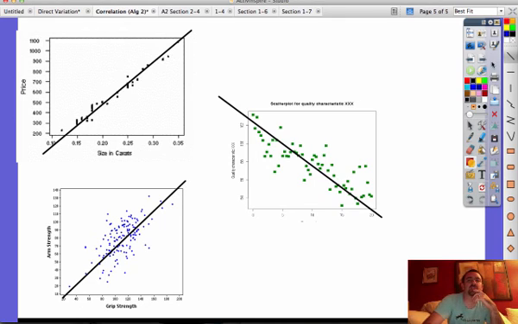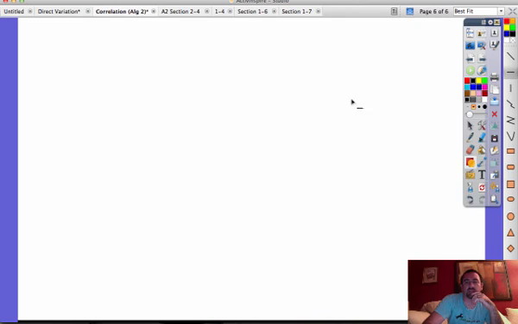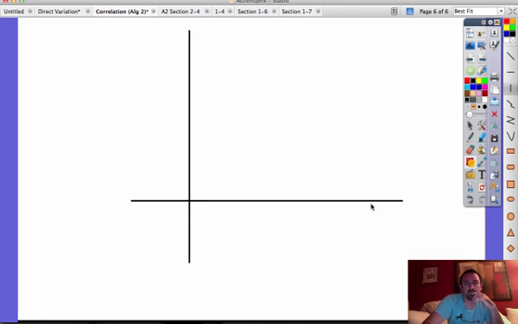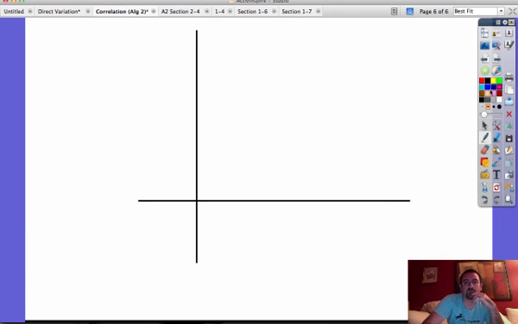Okay, I want to leave you with one question here. And I want you to think about this before class next time. And here's the question. Based on what you know about the definition of correlation, I'm going to draw a scatter plot here.